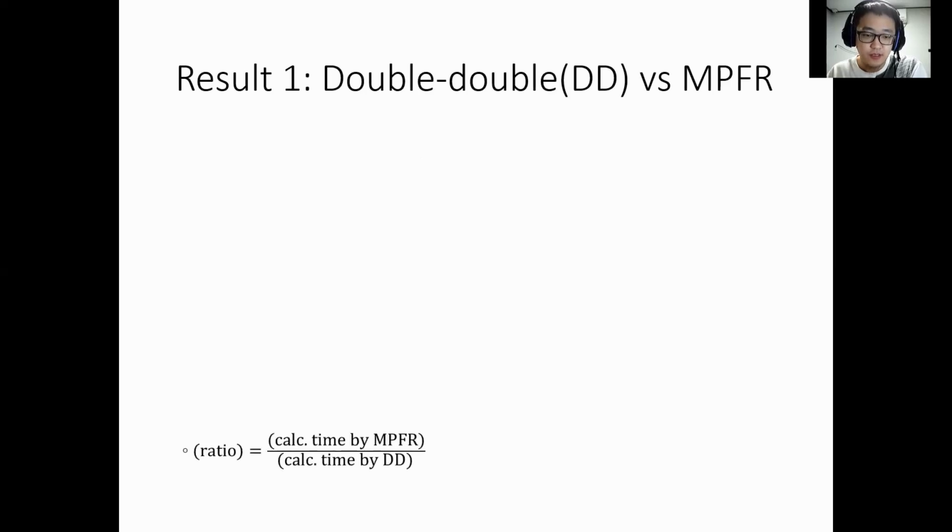In the first test, we have calculated the time ratio, the calculation time taken by MPFR over the one by the double-double. What it means is that if this time ratio is greater than 1, then double-double outperforms MPFR.